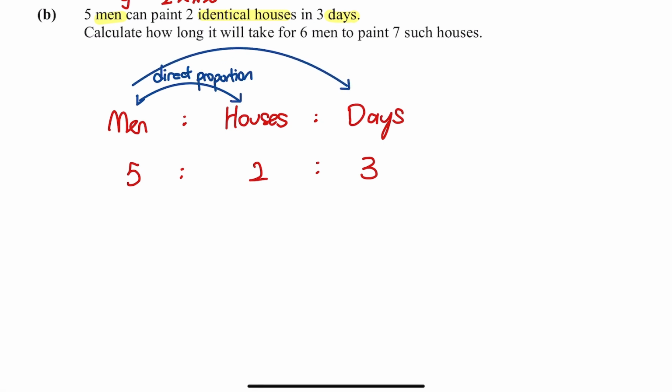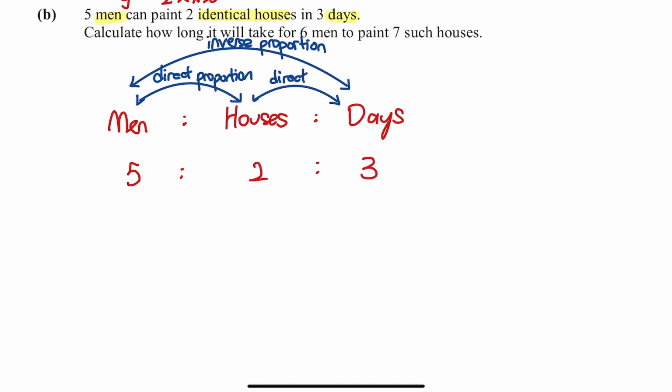I hope you can see that. More men needs less days, so this is inverse proportion. And if I want to paint more houses, I will also need more days. So therefore, between houses and days, this is direct. I will just write direct over here.